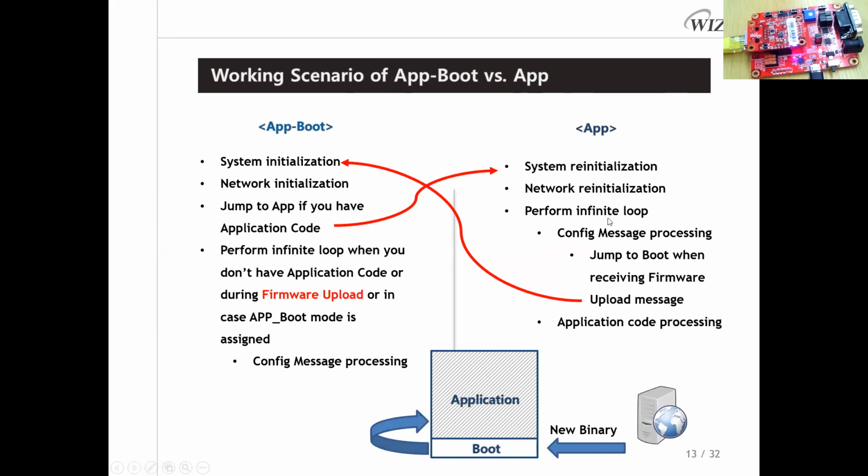If a firmware upload request message is received while processing configure messages, it jumps to the app boot, and in app boot, it receives a new binary file from the peer system and overwrites the new binary data onto the application code area. This is the process mechanism between app boot and application of a WIZnet 750SL S2E.